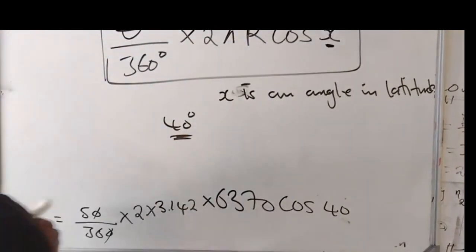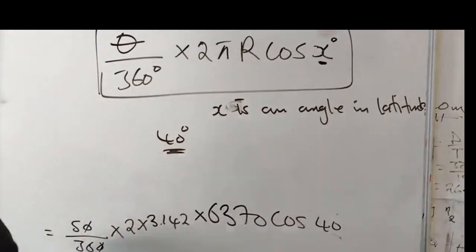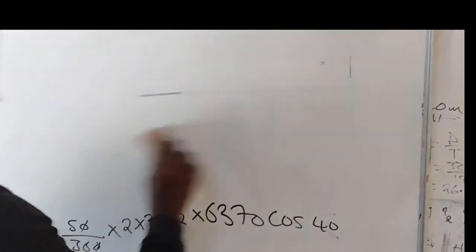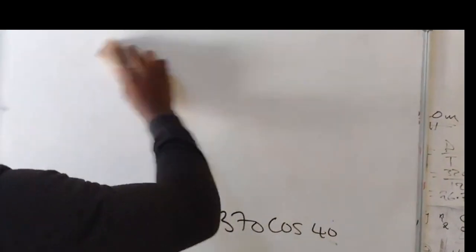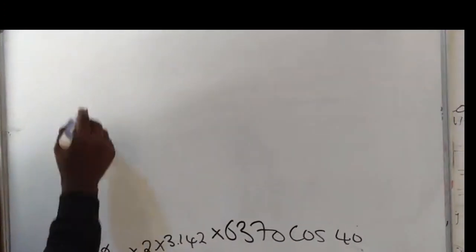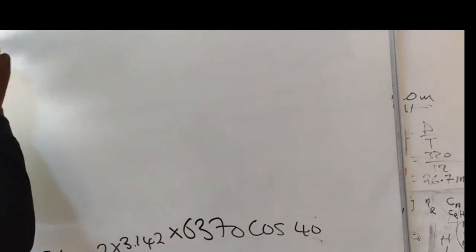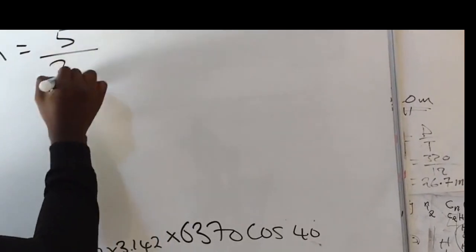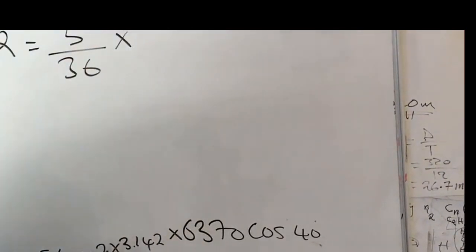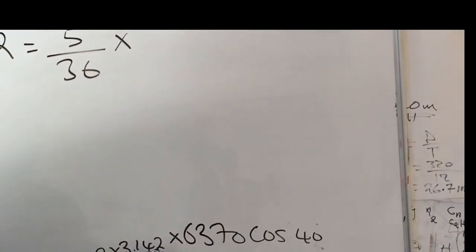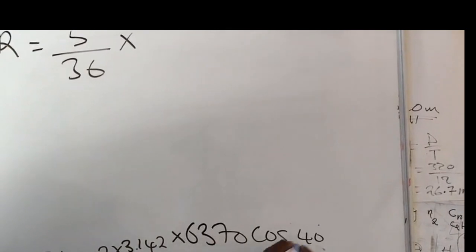Okay, so now let's proceed. We have ended on this stage. If you have a calculator, you can start. So here we have QR equal to 5 over 36 times 2 times 3.14 times 2 times 6370 times cos 40.